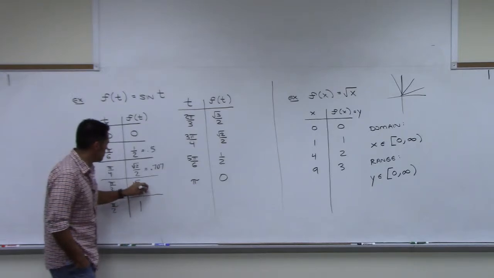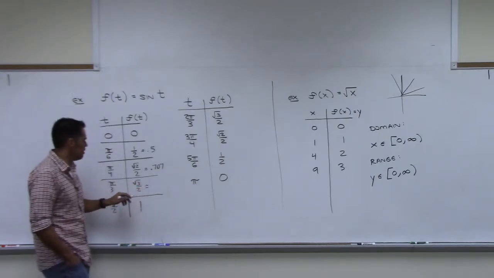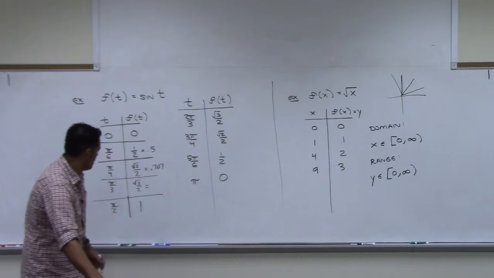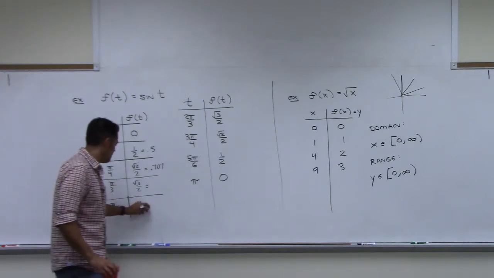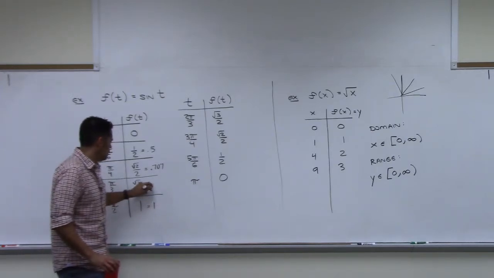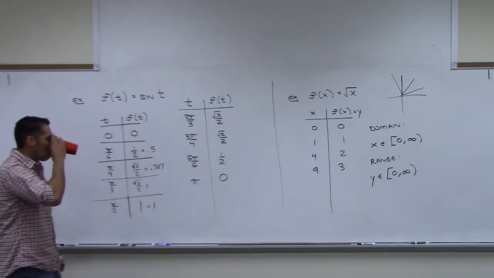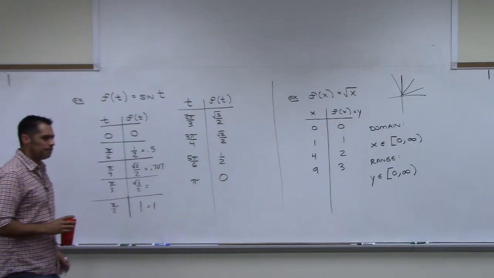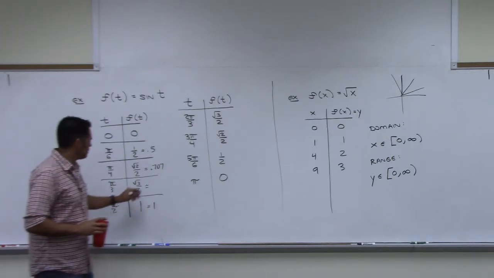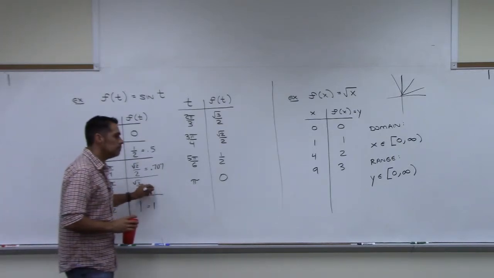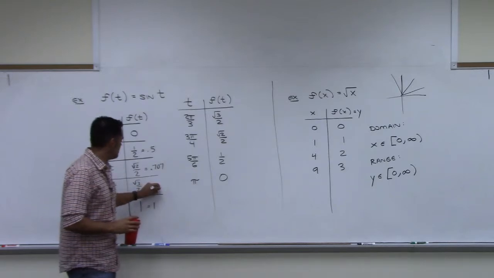Yes, and then this one is approximately, someone do that real quick, root 3 over 2. I don't know why, I should know that. 1.7 over 2. It can't be bigger than, oh yeah, over 2. 1.7 over 2 will be 0.8? 0.86?